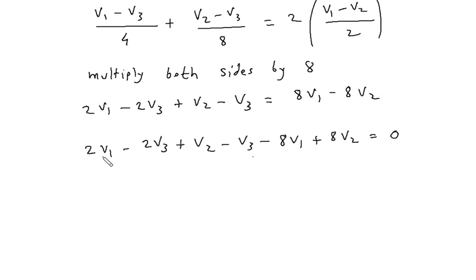So 2 minus 8 is minus 6V1, then V2 and 8V2 makes plus 9V2, then minus 2 and minus 1 is minus 3V3 is equal to 0. Let's say this is equation number 3.